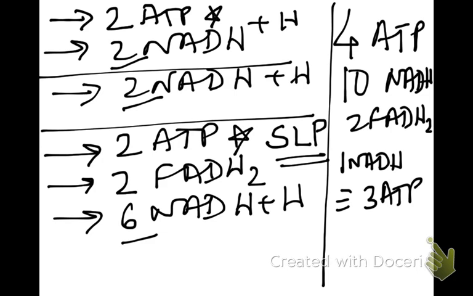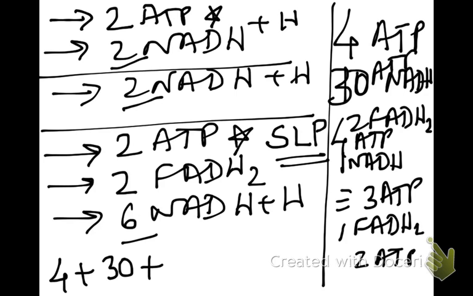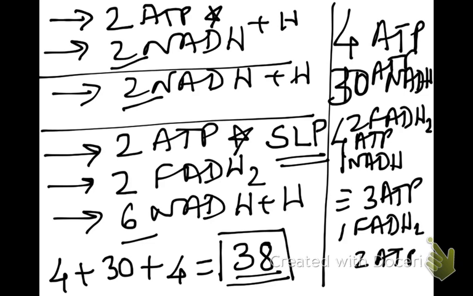So 10 of them would be 30 ATP. 1 FADH2 is responsible for making 2 ATP, and 2 of them would be 4 ATP, which means 4 plus 30 plus 4, which is 38. Under extremely ideal conditions, with everything going the right way, 1 molecule of glucose can yield a total of up to 38 molecules of ATP.